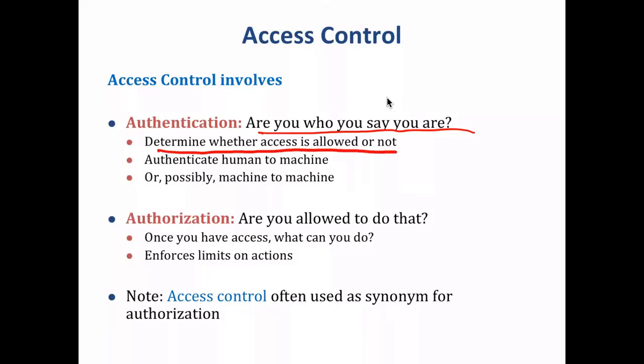So authentication does not mean only human to machine or human to human, but it could also be machine to machine. All right. And what is authorization? Are you allowed to do that, right? For example, your HR department in the institute will issue an identity card only to people who are eligible for that.